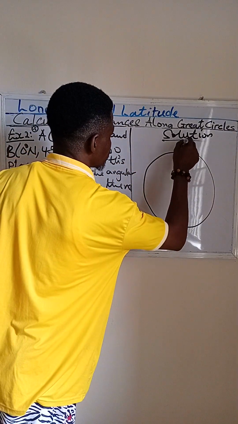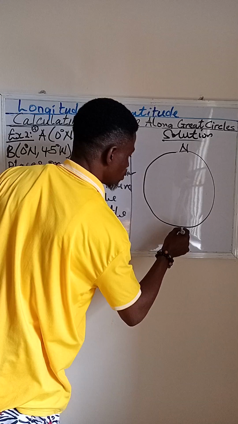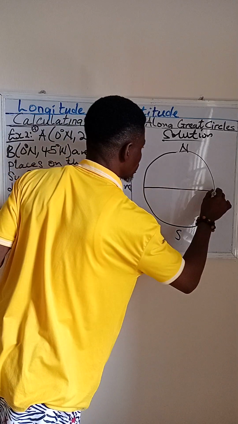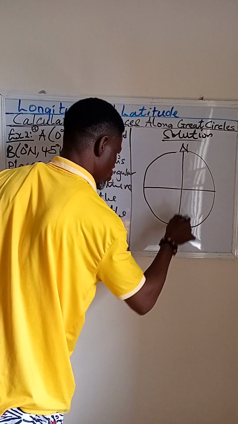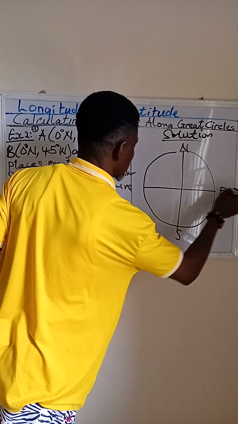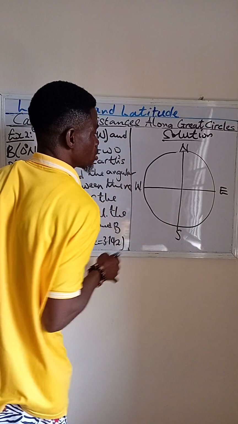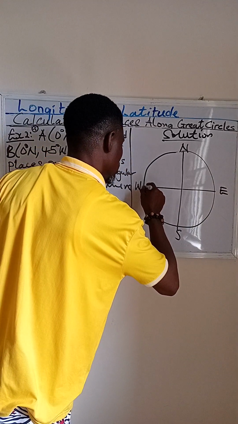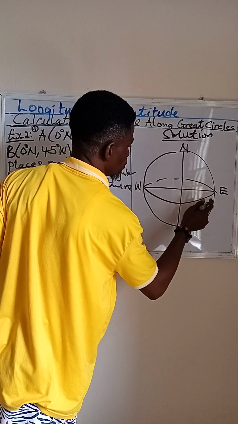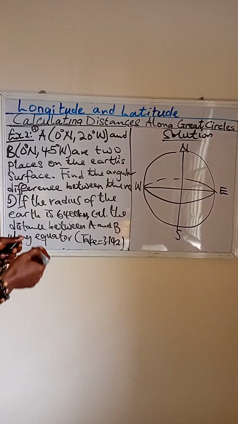So this is the north, this is the south, this is the polar axis. This is east, this is west. This is the equator.